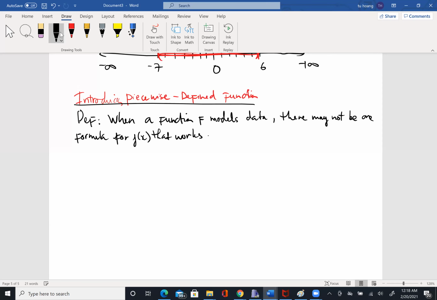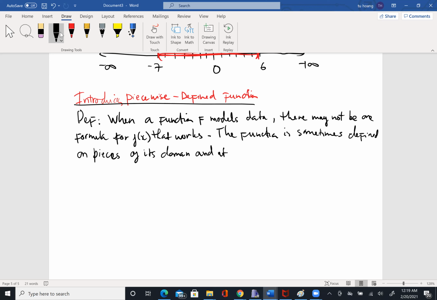And that's called a function that is sometimes defined on pieces of its domain, and is called a piecewise function.